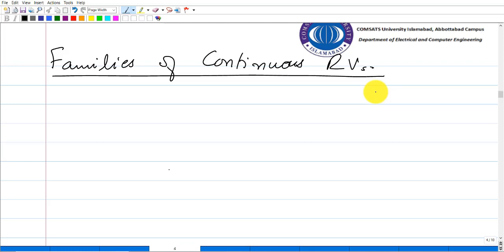So the first family that we are going to define with the continuous random variables is the uniform random variable.